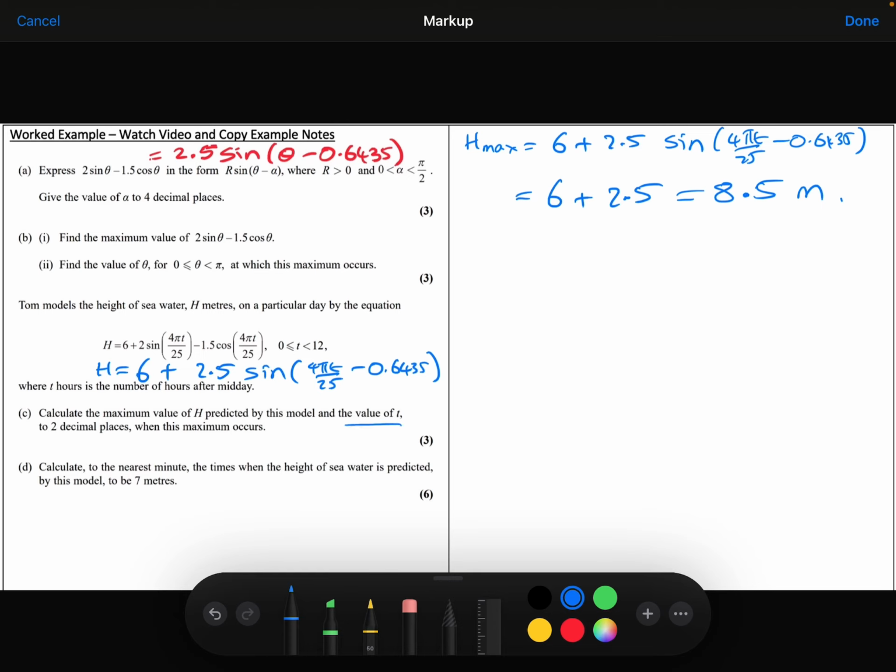I now need to find the value of t when that maximum occurs. Well, remember that the maximum of sine occurs when the angle is pi over 2. So I'm going to say that 4 pi t over 25 minus 0.6435 equals pi over 2. Because if this equals pi over 2, then I will have sine of pi over 2, which would be 1, times the 2.5 plus the 6 gives me the 8.5.